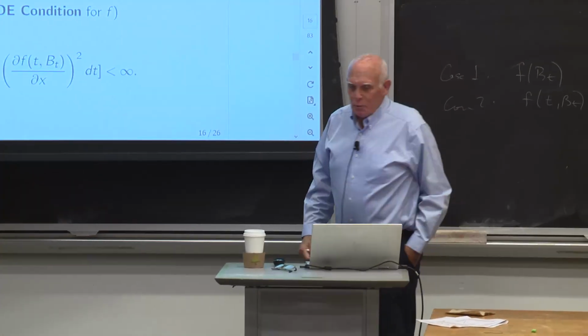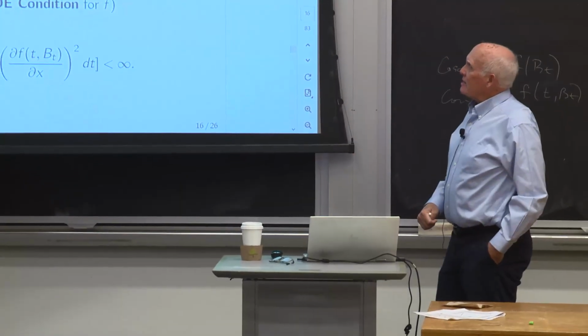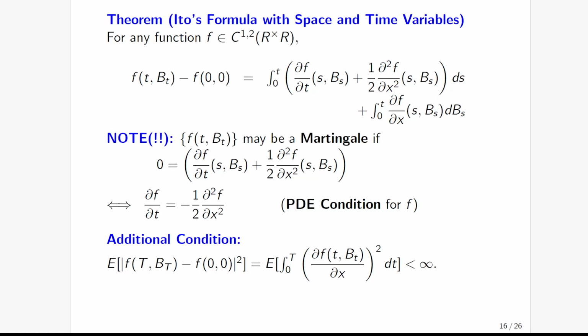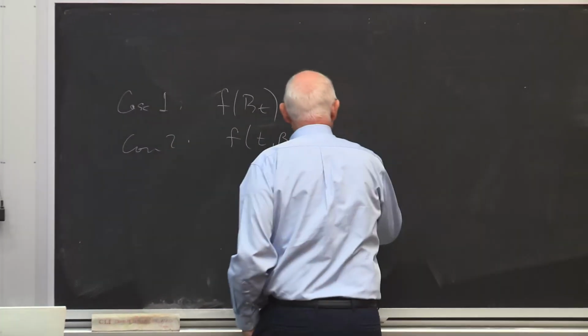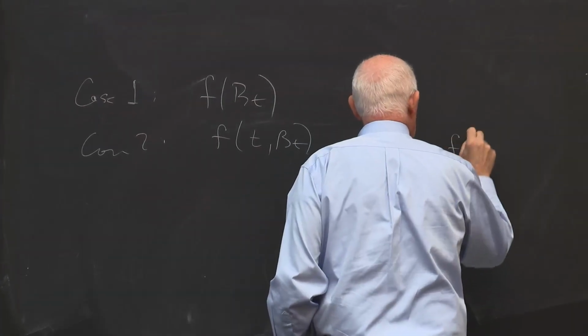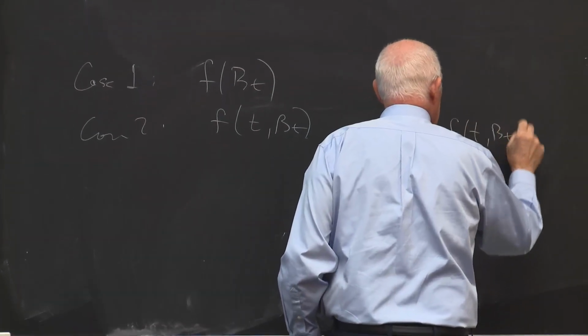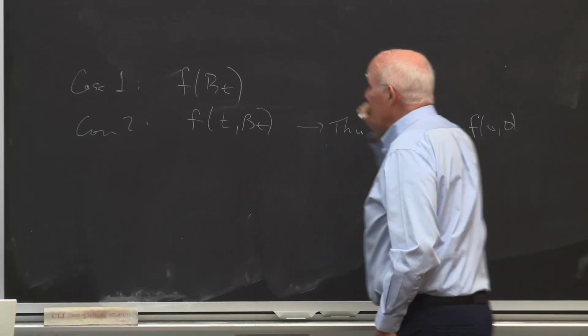Now, what's really convenient to highlight is that with Ito's formula, we get this top formula for the change in value of f of t, x. So we have this theorem, which is for how f of Bt changes from an initial condition.